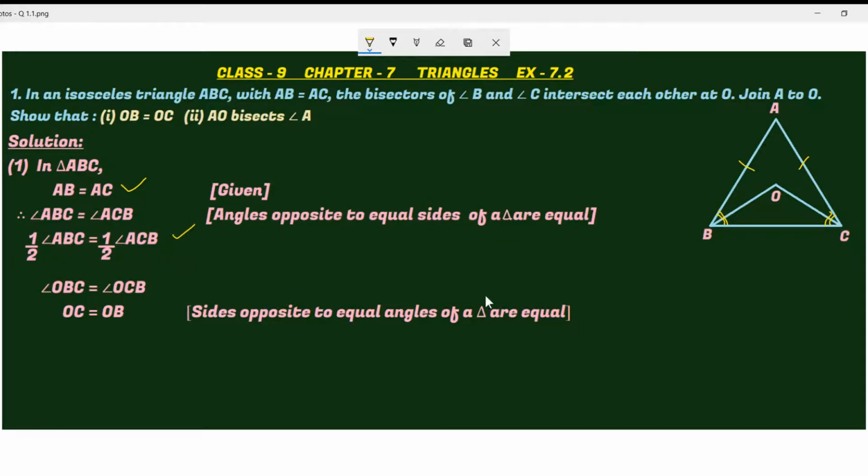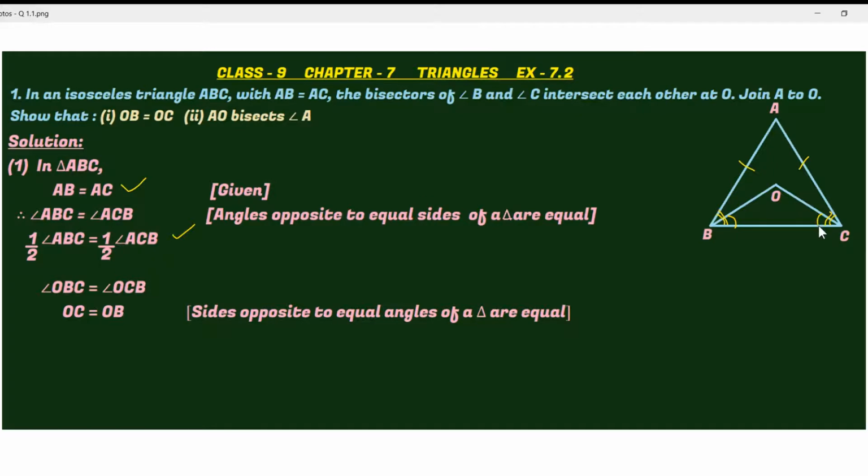You can see here half of ABC we can write OBC because angle B is divided into two equal parts ABO and OBC. So we can say this OBC is the half of ABC. So instead of half of ABC, I am writing OBC, and instead of half of ACB, I am writing OCB. So these two angles are equal to each other.